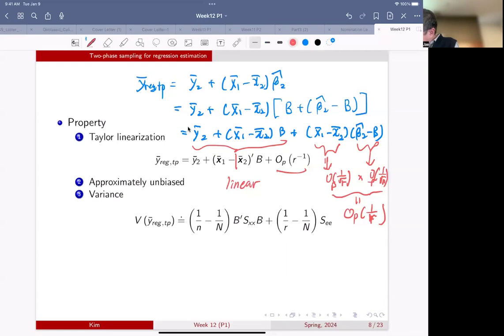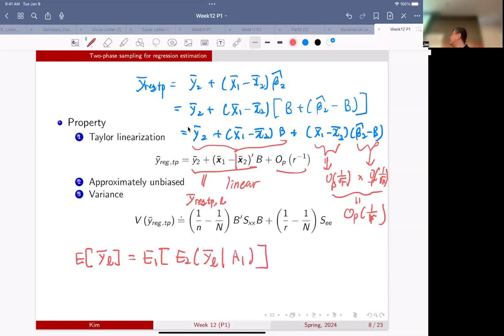To be more rigorous, let's call this the two-phase linearized estimator. Then the expected value of this linearized one is the expected value of the following, written like this.